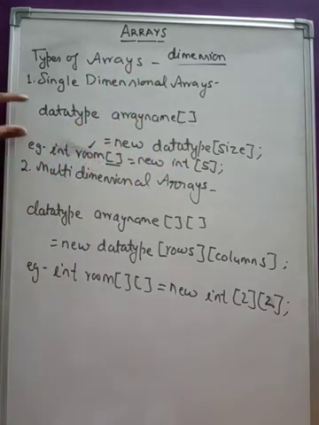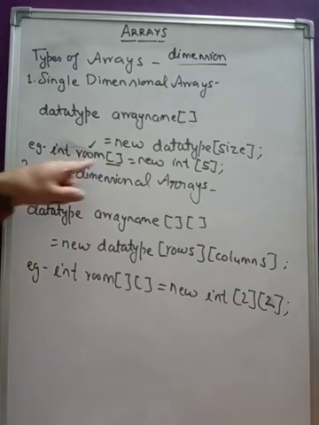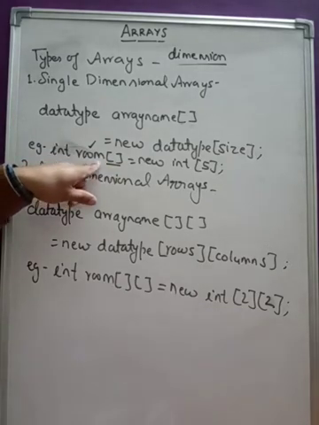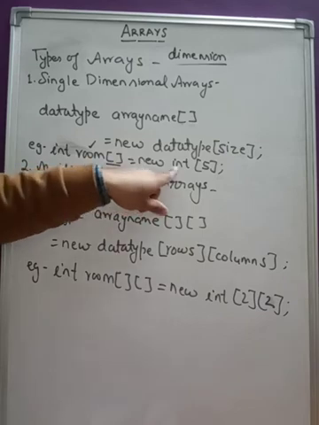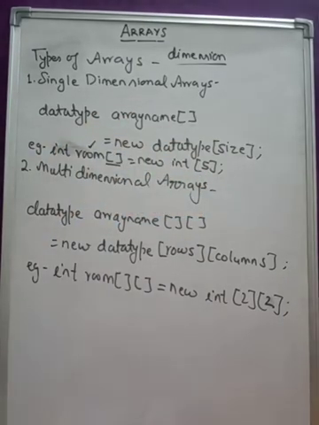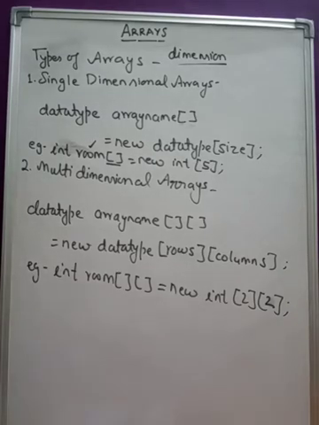A single dimensional array will have only a single subscript, or a single square bracket will be used for it. This is how you can declare it: data type, followed by the name of the array, then a single square bracket, equal to new int and the size.